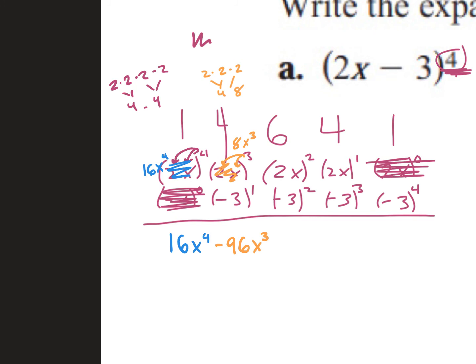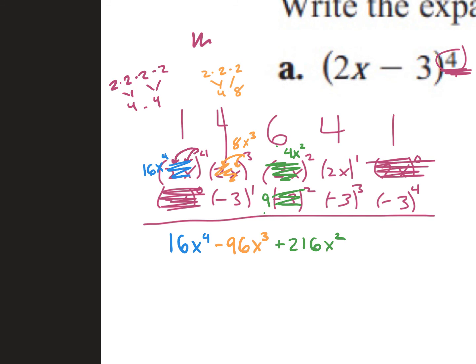All right, next. What is 2x squared? 4x squared. And then what's negative 3 squared? 9. So we have 6 times 4 times 9. So 216x squared. Perfect.